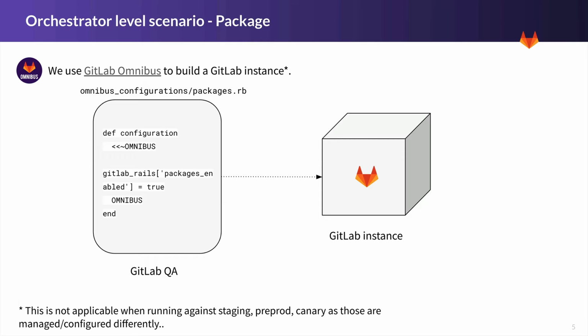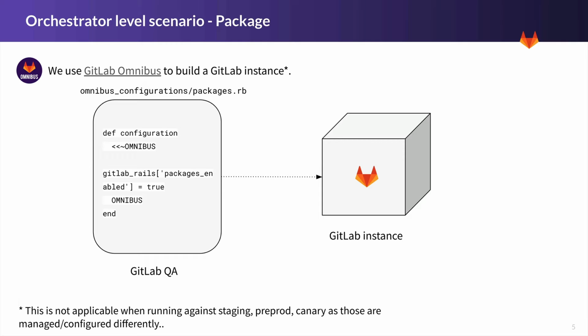And one important one is this orchestration level scenario, which is defining which configuration should go into this GitLab instance. This code actually lives within the GitLab QA code repository and not within the GitLab project that we would see, for example, in GDK.